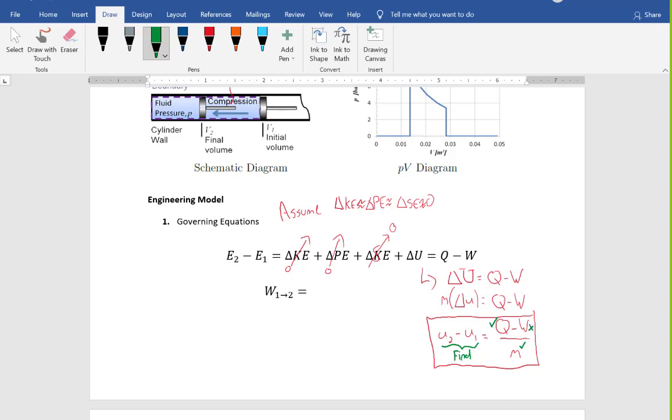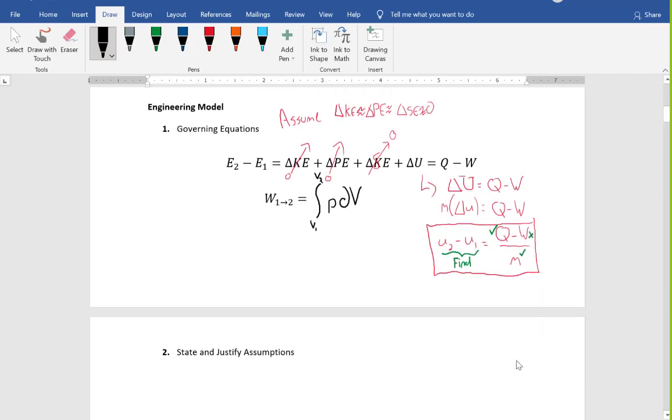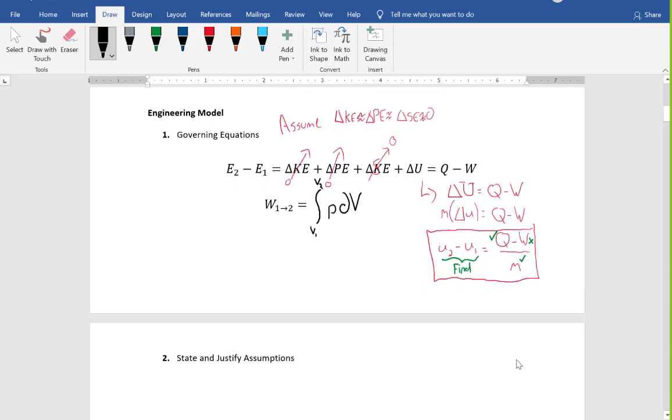So I need an equation for work. Thankfully, in the first class we learned an equation for work. So we know that work is the integral from V1 to V2 of P dV. We already started to do this up here.